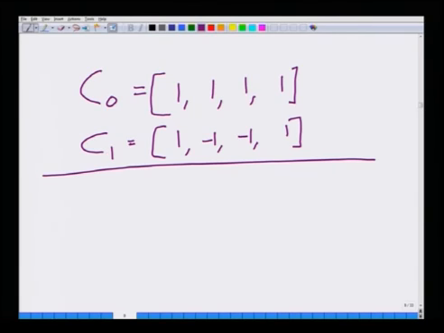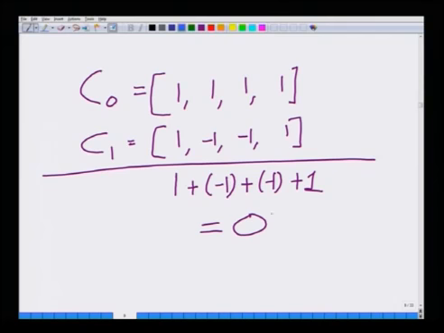So, when I multiply 1 with 1, I get 1, plus 1 into minus 1 is minus 1, plus 1 into minus 1 is minus 1, plus 1 into 1 is 1. When I add these up, it gives me 1 minus 1, which is 0, minus 1 plus 1, which is 0, hence the net is 0. This is what causes the magic to happen.